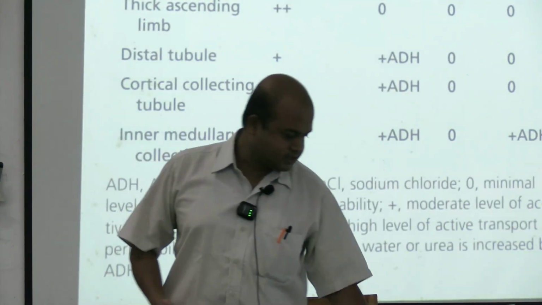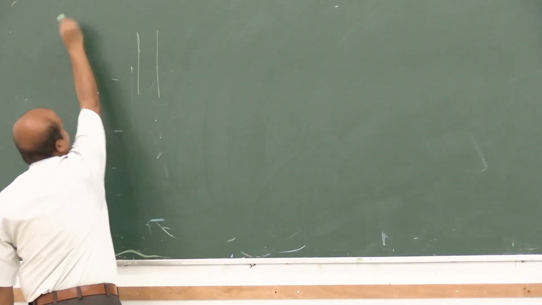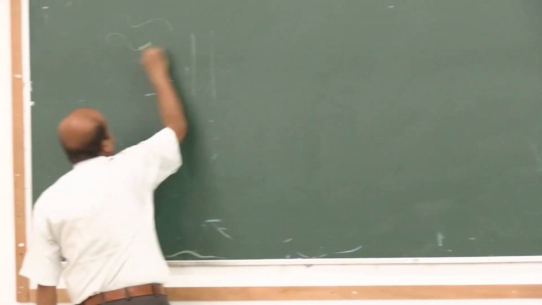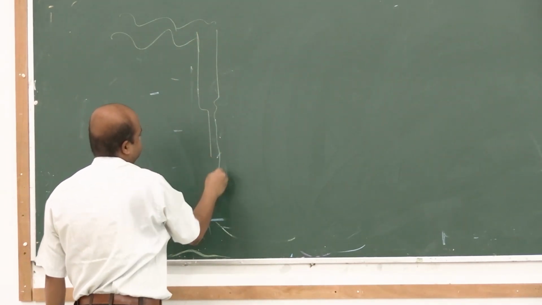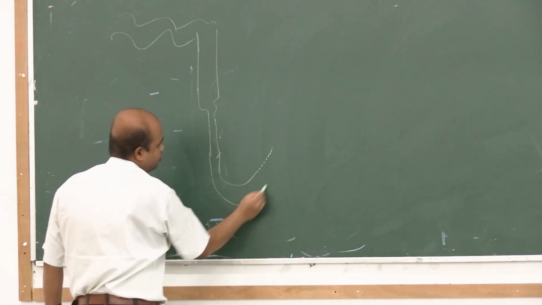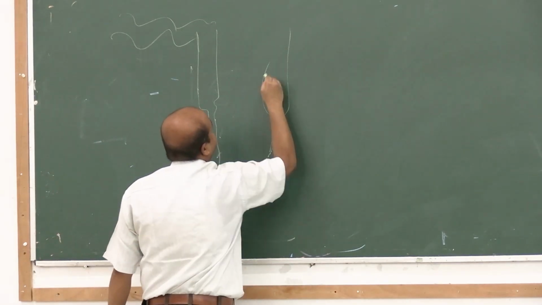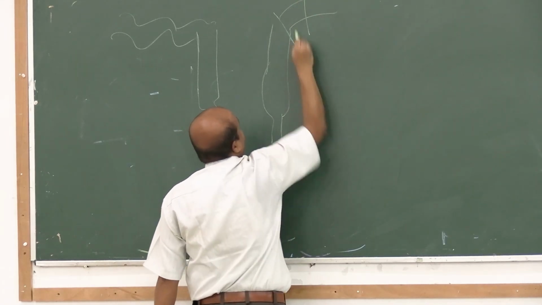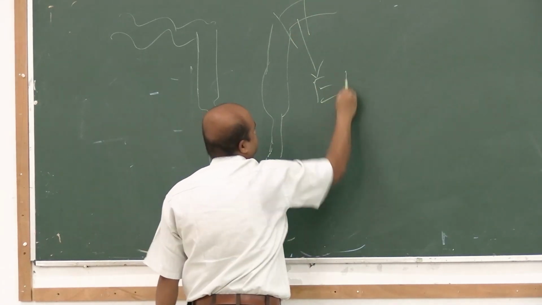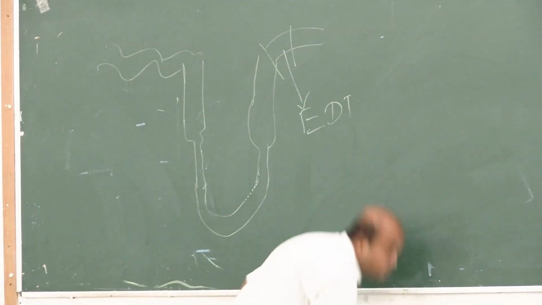So, again if we just redraw it. This part is the proximal convoluted tubule. And now thin loop, thin, again thick, and this part is the early distal tubule.